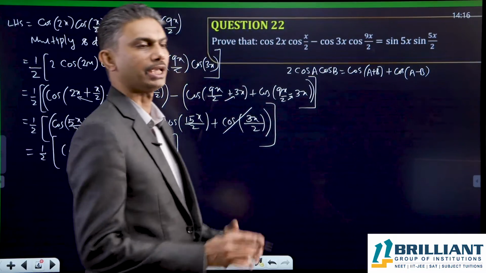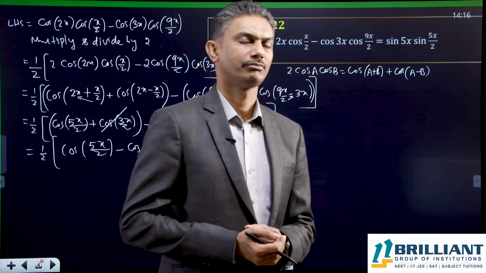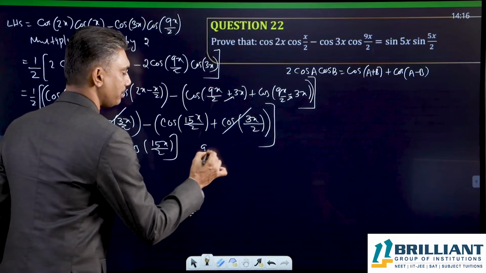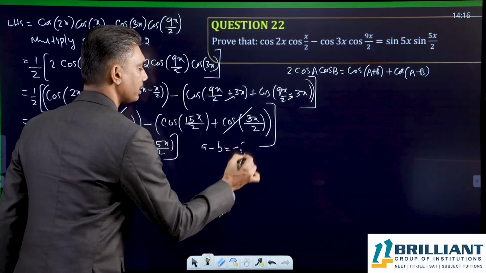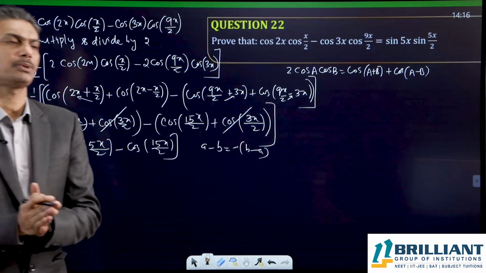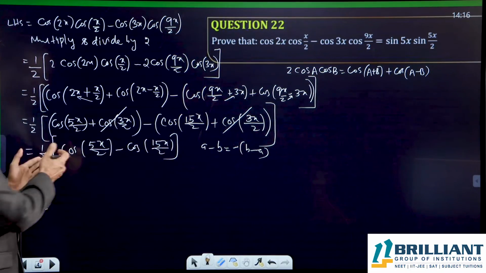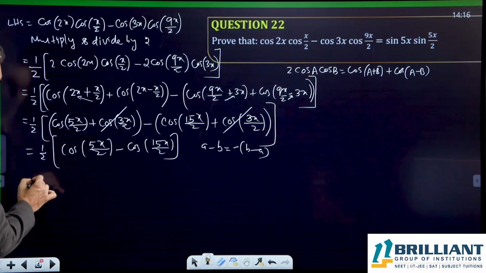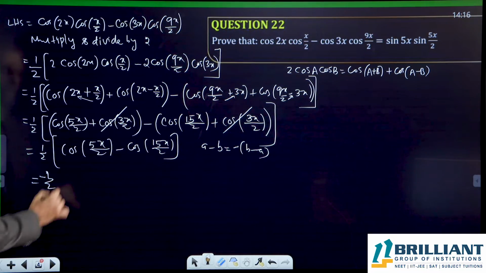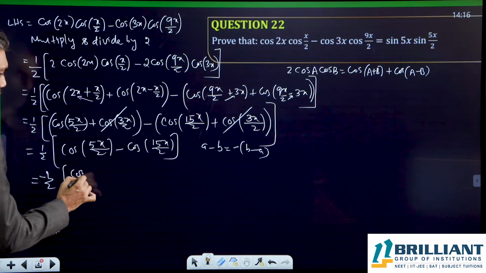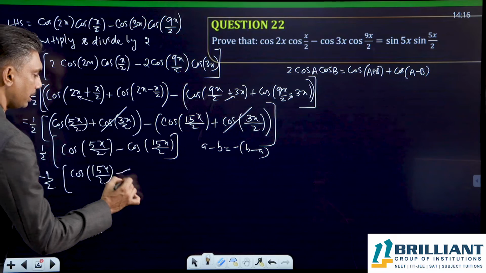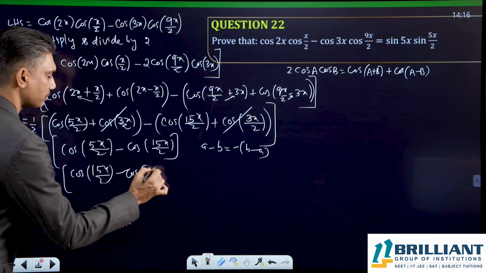Now, again, if you want, a minus b is equal to minus of b minus a. You can use this property, or you can use the formula. So, I will explain. I took minus common: minus half into cos 15x by 2 minus cos 5x by 2.